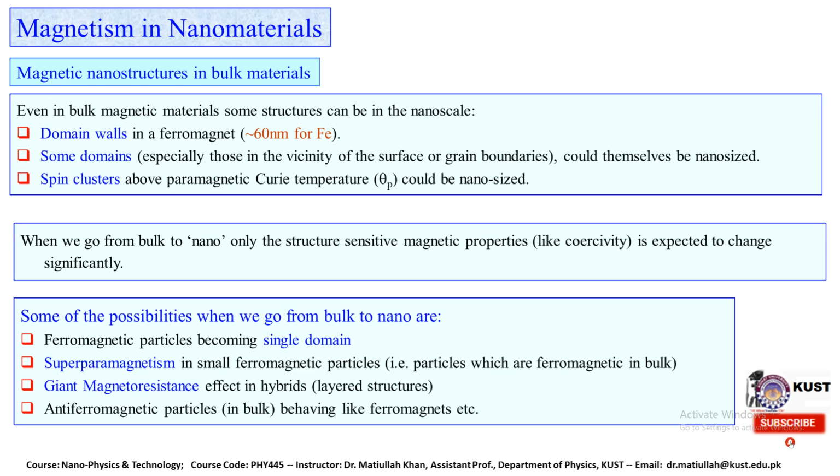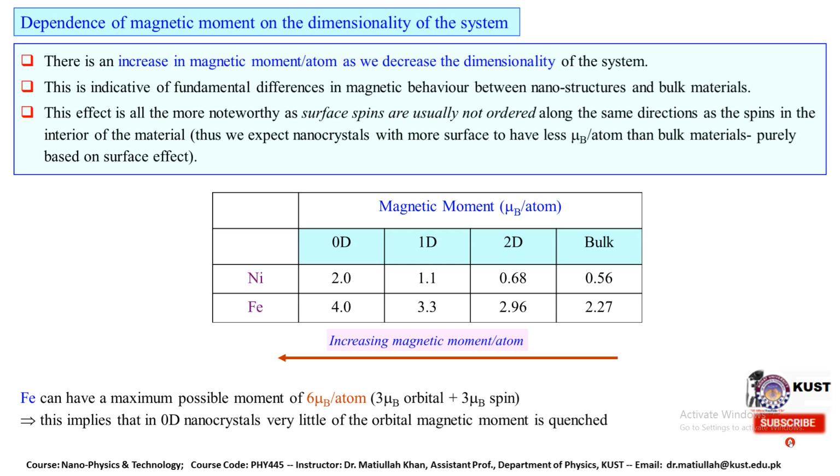We have giant magnetoresistance effect in hybrids, which are in layer structures, and antiferromagnetic particles in bulk behaving like ferromagnets. We have dependence of magnetic materials on the dimensionality of the systems, meaning how the magnetic property of the material changes with the dimension of the particular system.